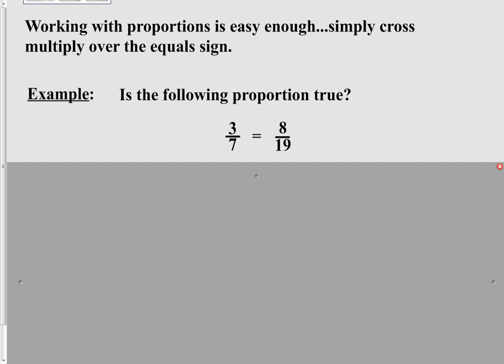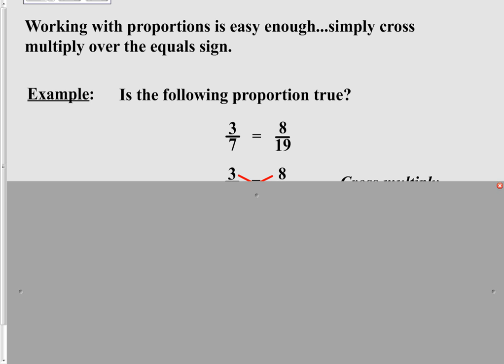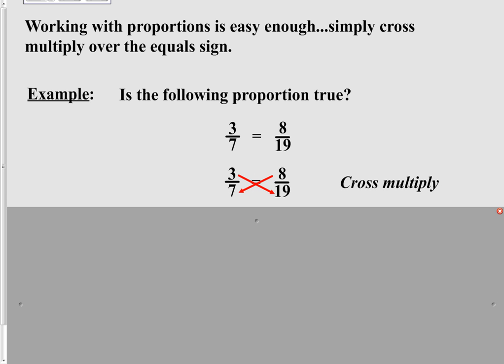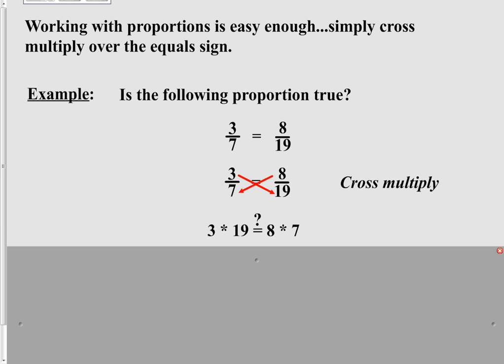So we have a proportion, okay, and we're going to evaluate whether or not this proportion is true. And the way that you evaluate a proportion is we cross multiply. Okay, so we cross multiply over the equal sign, meaning the numerator from the left is going to multiply times the denominator on the right, and vice versa. The numerator on the right multiplies by the denominator on the left.